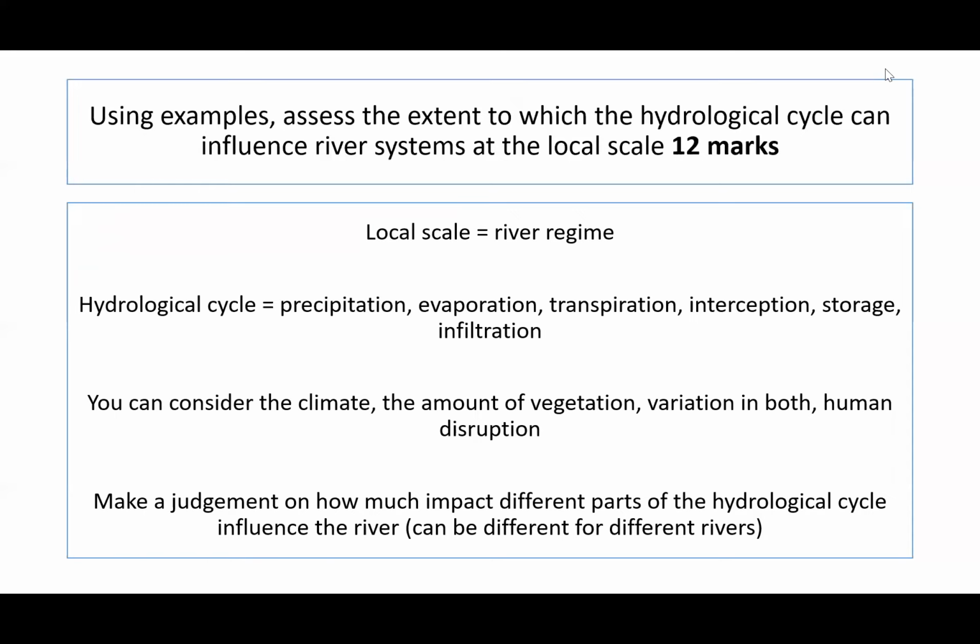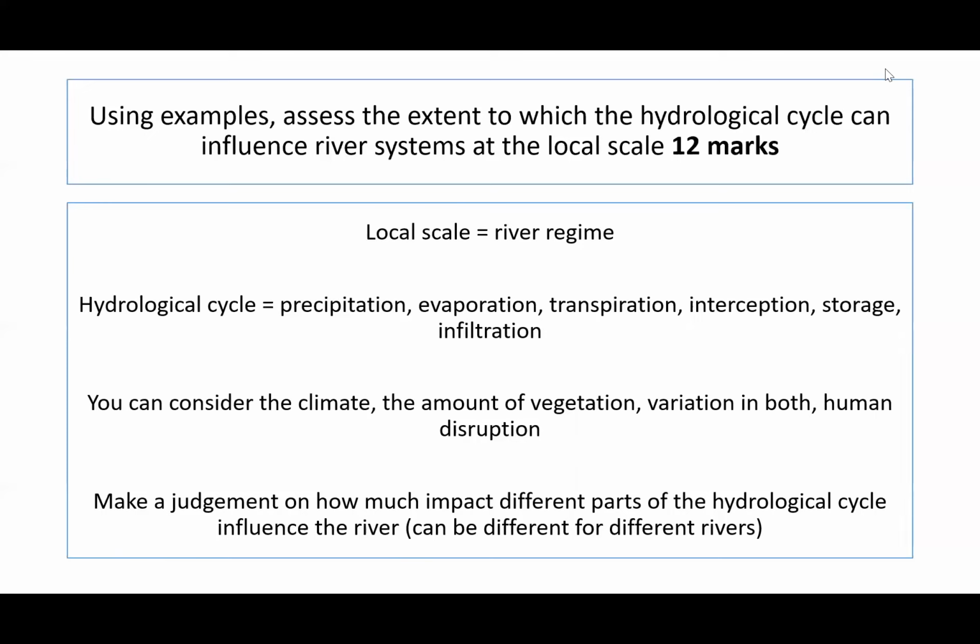But the most important part is that you make a judgment on how much impact different parts of the hydrological cycle have on influencing the river. It can be different for different rivers. For example, you might think that the cold climate, with low levels of evaporation and the permafrost preventing infiltration, has a huge impact on the River Yukon.